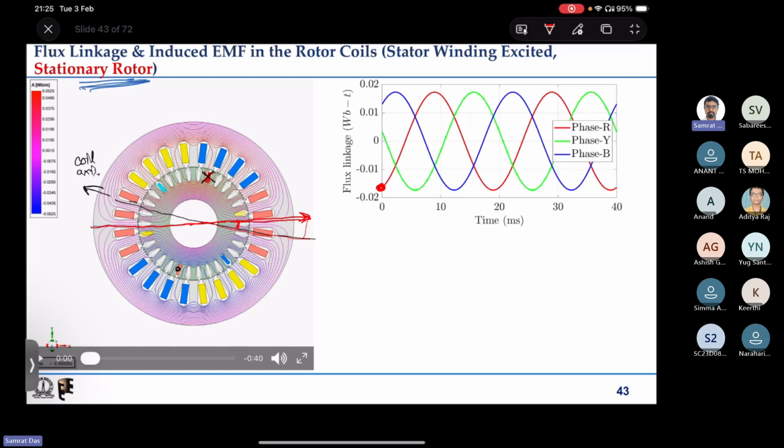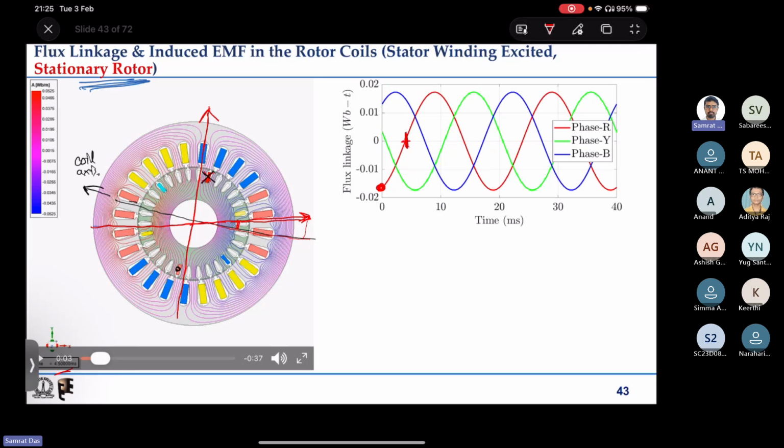Now after some time, when we move by some angle, at this instant, probably 4.5 millisecond if it is visible here, it reaches 0, because the magnetic field axis which has now come here is basically perpendicular to the coil axis. So the angle between the two is 90 degrees. If we take the component of the magnetic field along the coil axis, it is cos of 90 degrees, that is 0.